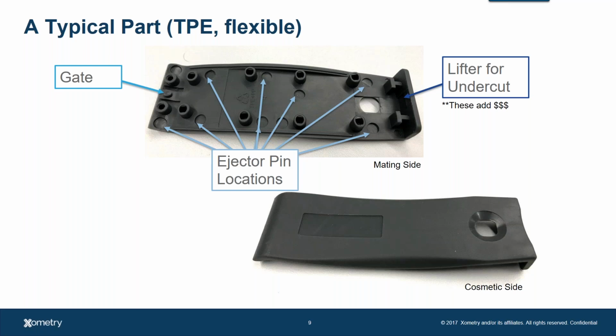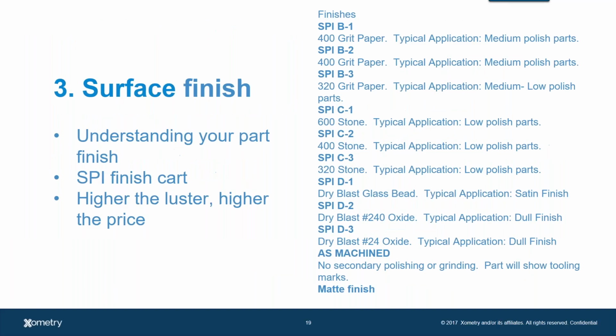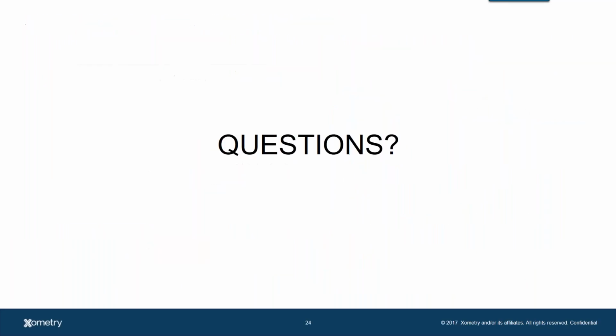We have another great question here. What is the normal lead time of injection molding, and who owns the tooling? Okay, so the normal lead time is anywhere from 2 weeks on, once again depending on the complexity of the part and how many pieces you're going to want initially. And who owns the tool? You, the customer, own the tool, and the tool is held at our partner network.